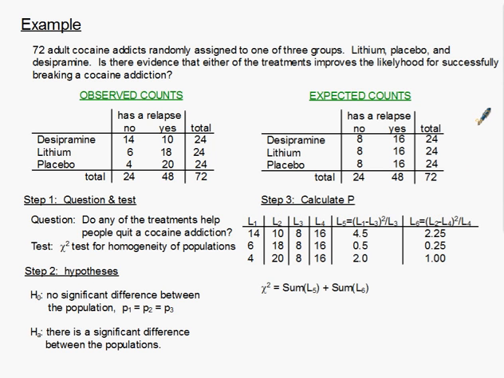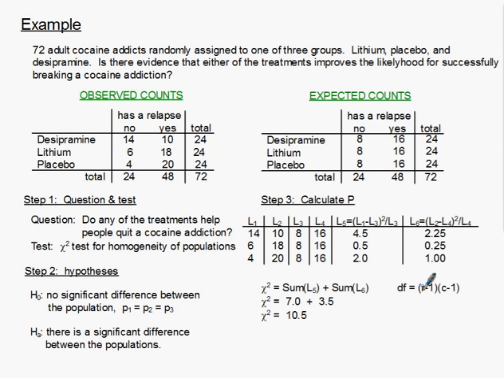The next thing to do would be to sum them all up. Again, in that formula, it's the sum of all the components. And it turns out to be 10.5. Next thing we need is our degrees of freedom. Now, finding the degrees of freedom with a two-way table is a little bit different.